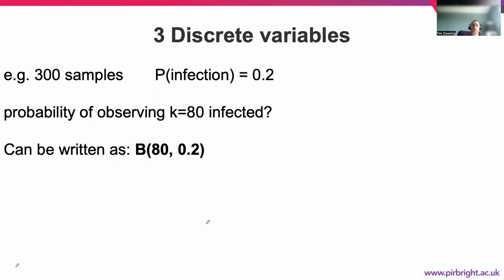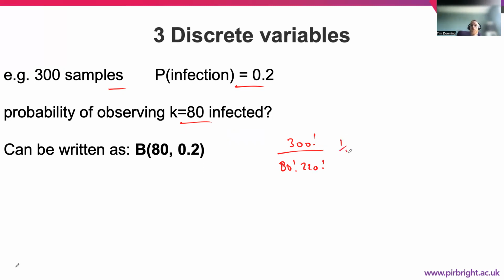So say we are running a trial and we have 300 different samples, but the chance of infection is 0.2. What's the probability of observing k exactly 80 as being infected? We can write this as B(80 given 0.2), and then we can describe that using this formula. We have 300 samples, so 300 factorial divided by 80 factorial, 220 factorial, and the probability of infection is 0.2.